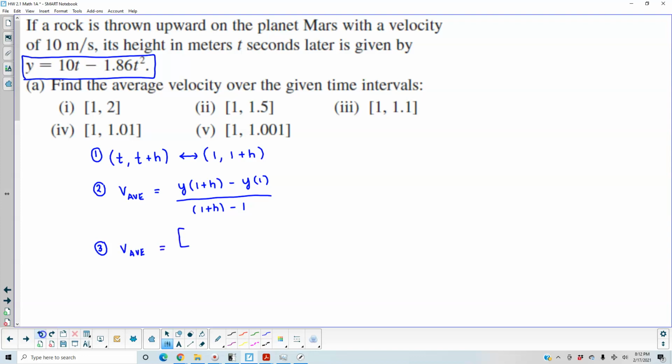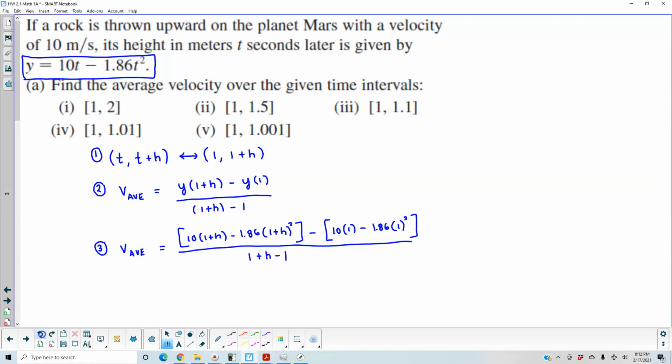So we know 1 plus h is going to be the input. So we have 10 times 1 plus h minus 1.86 times 1 plus h squared, minus 10 times 1 minus 1.86 times 1 squared, all over 1 plus h minus 1.